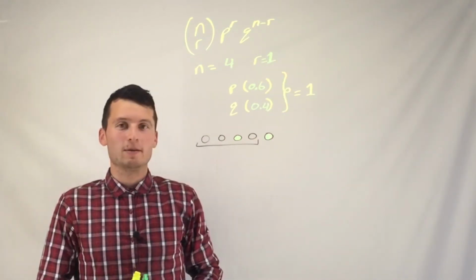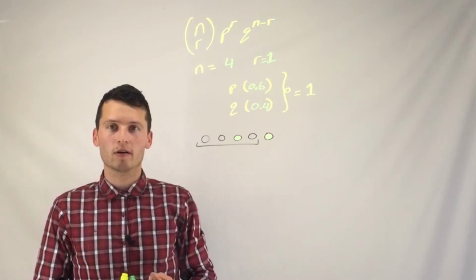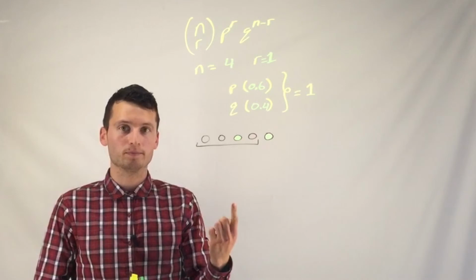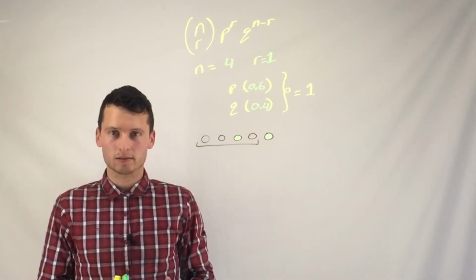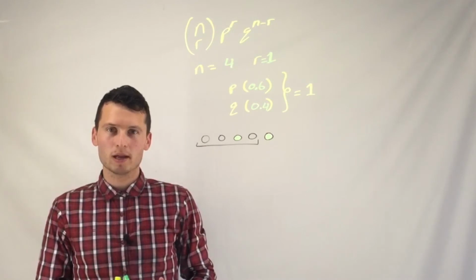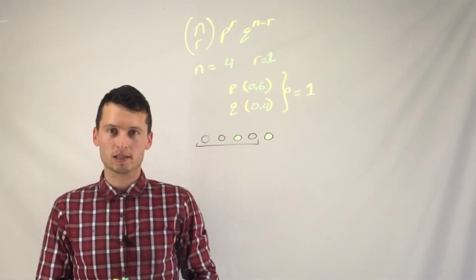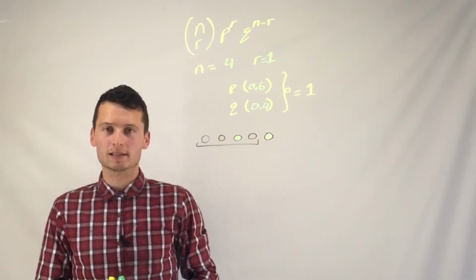So as you can see, n now is 4, and we're looking for the required success, which is 1. The probability remains constant. The basketball player has a 60% chance of scoring and a 40% chance of missing. So now that we have our formula and noted our values, let's get started.